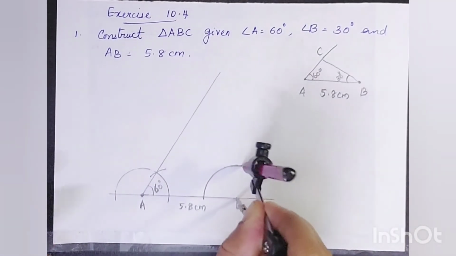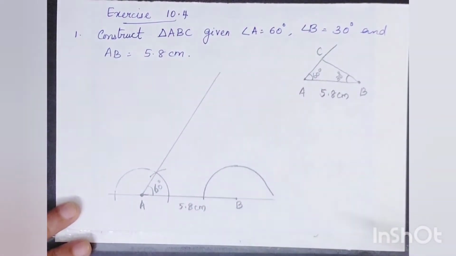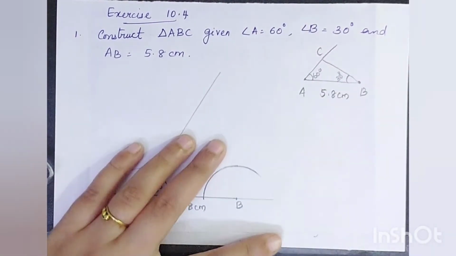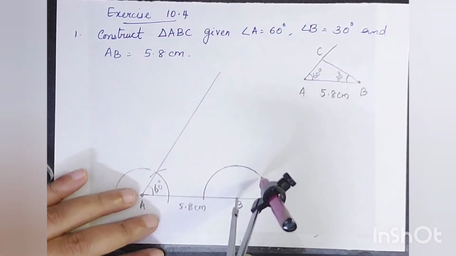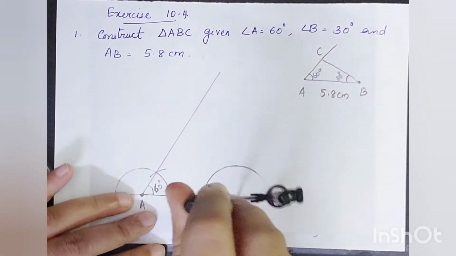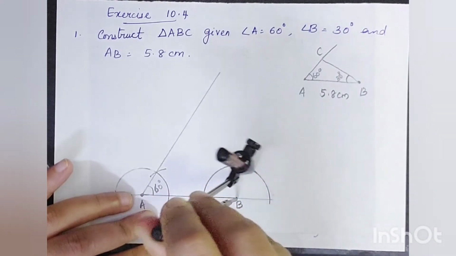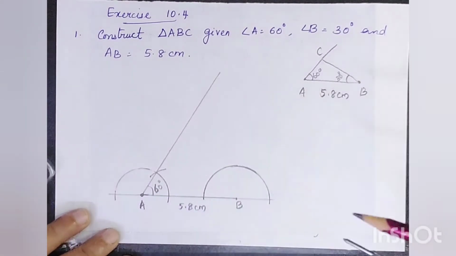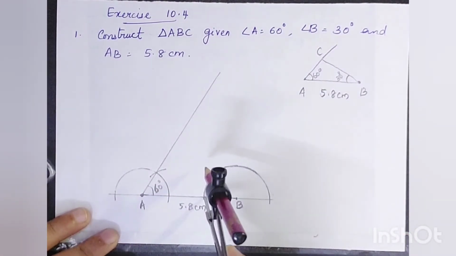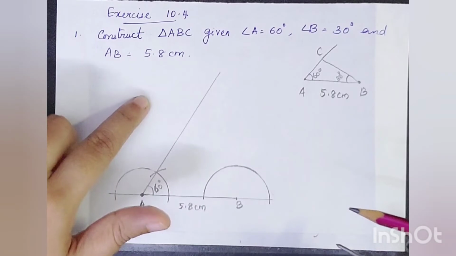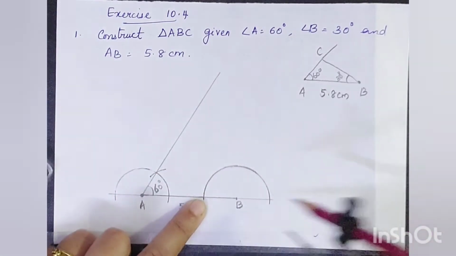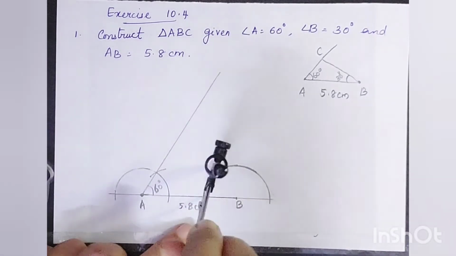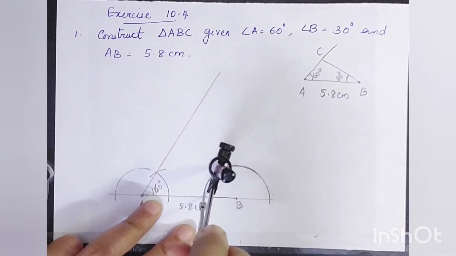Keep B as center point and draw a semicircle. Now with the same measurement keep this point as our new center point, because we have to draw the angle this way, and cut an arc on this semicircle.